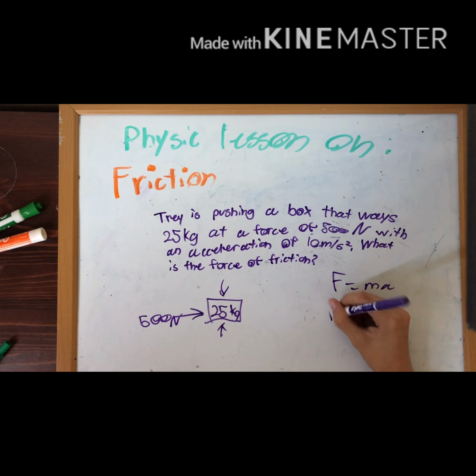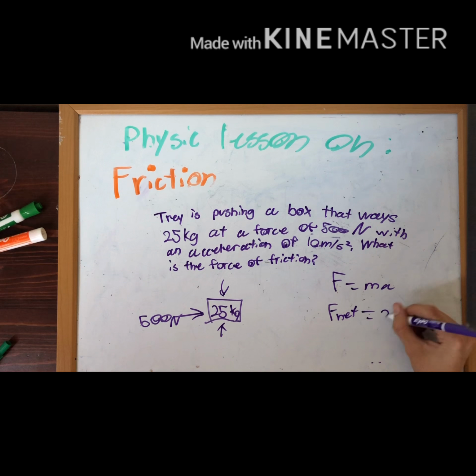So force net, the entire force here, equals 25 kilograms times 10 meters per second squared, and that equals 250 newtons.